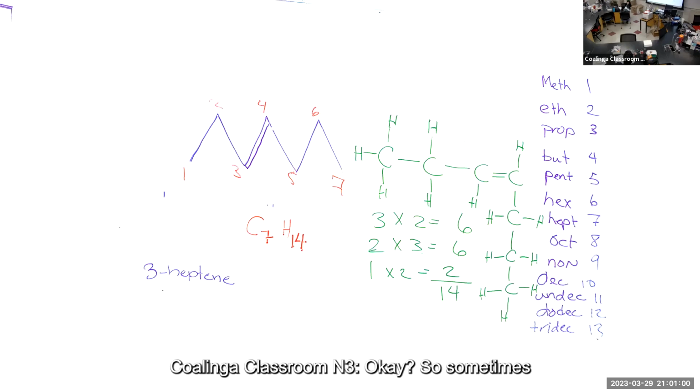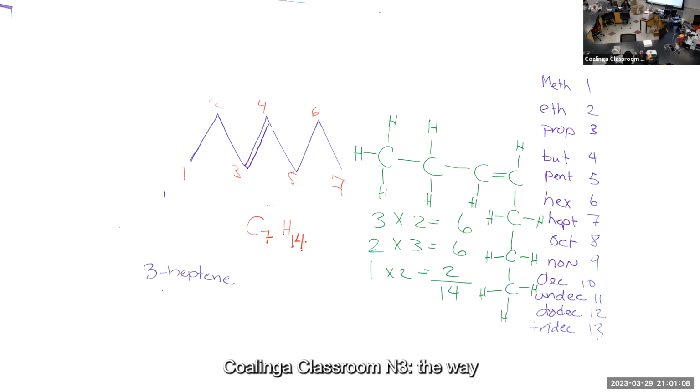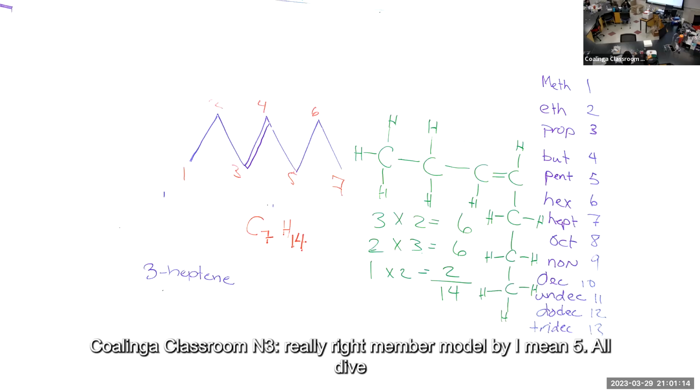Okay, so sometimes we may end up having more than 1 double bond. So we have multiple double bonds. The way that we start doing that uses the things that we learned earlier, right? Remember mono, di.